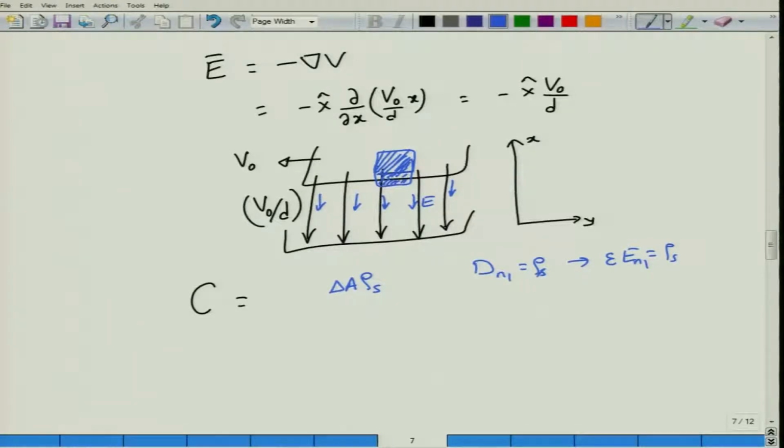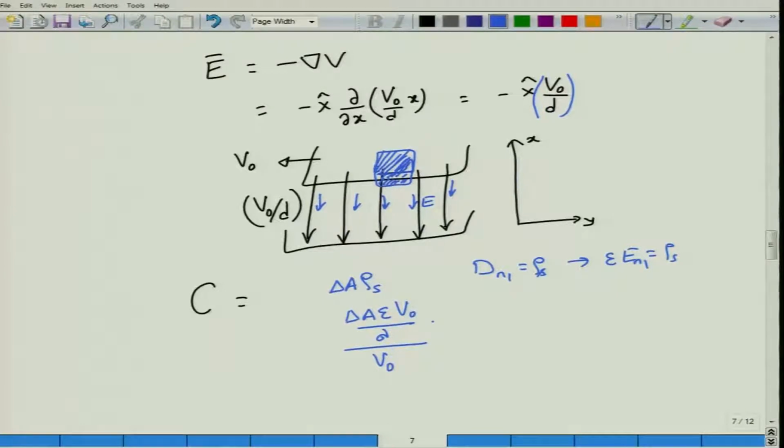So I can substitute for rho s as epsilon En1, but what is the electric field? The normal electric field we have already obtained, and that is given by V0 by d, okay. So this is the charge that I have. Now this divided by the potential difference applied between the two plates, which is given by V0, and this ratio will give you the capacitance C.